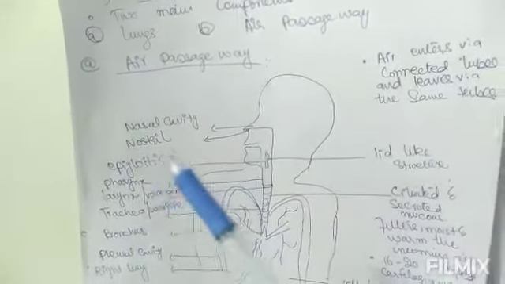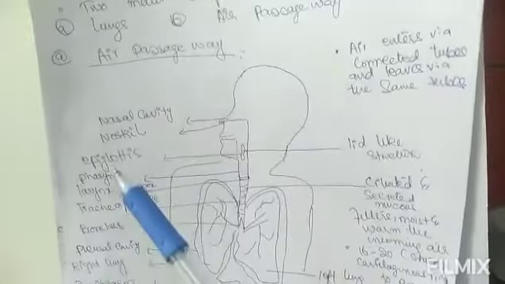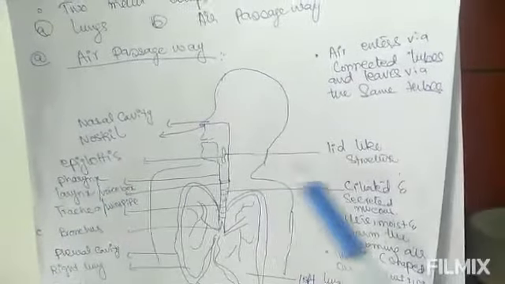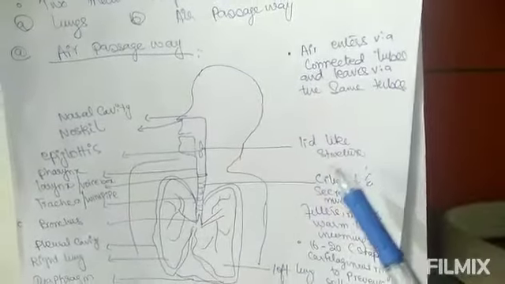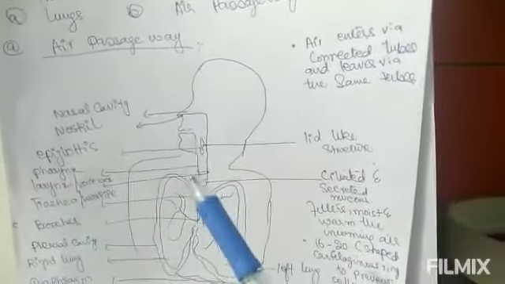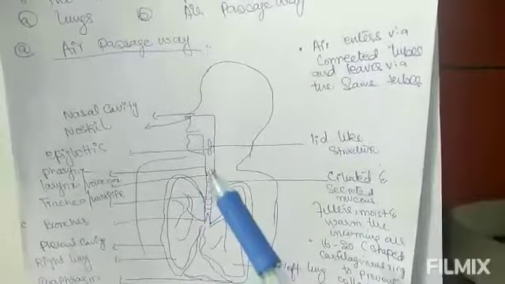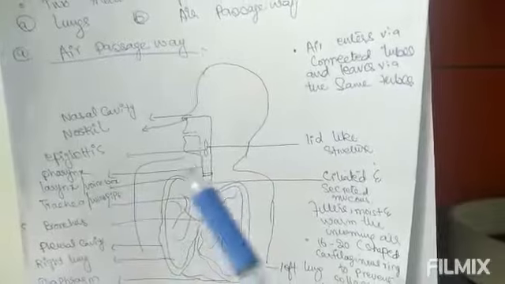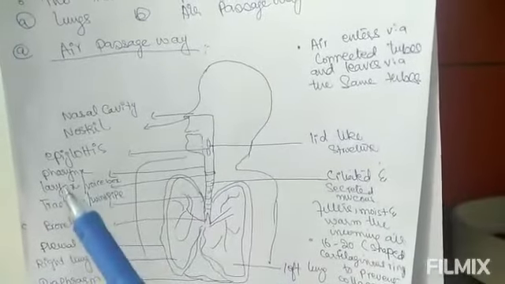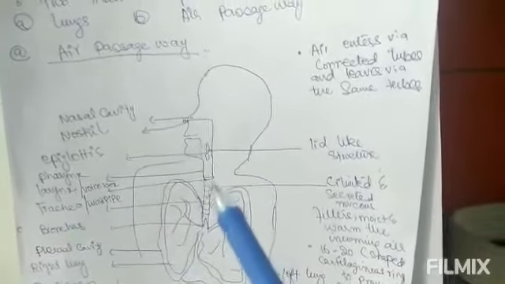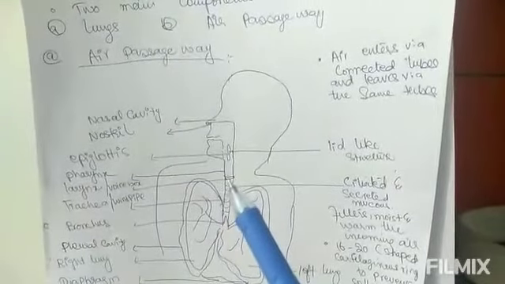It contains the nasal cavity, nostril, and epiglottis. The epiglottis looks like the lid of a structure, and then there is another small tube-like structure known as the pharynx, and below the pharynx is the larynx, which is also known as the voice box, through which your sound is produced, right?